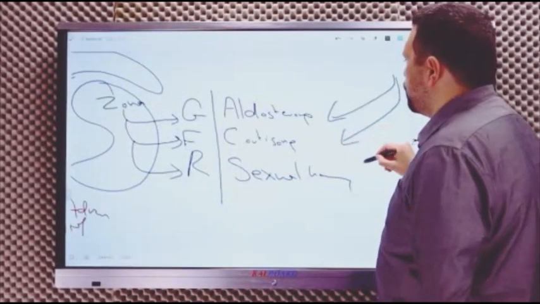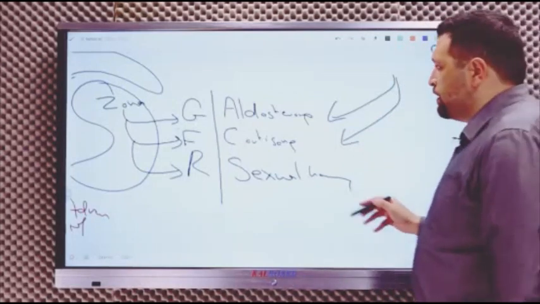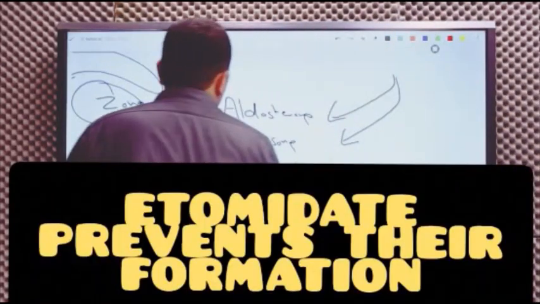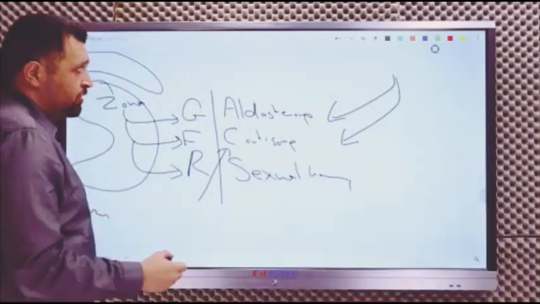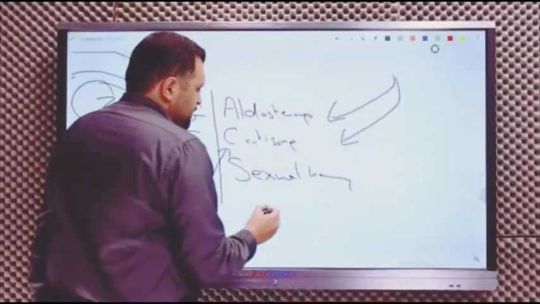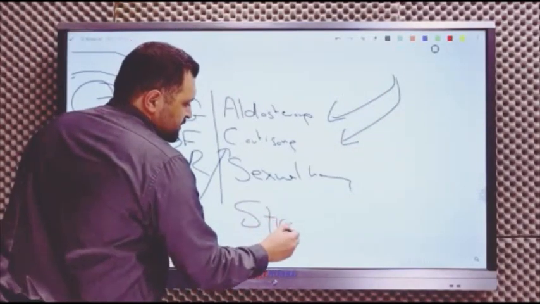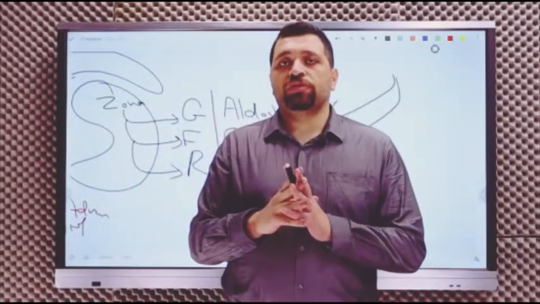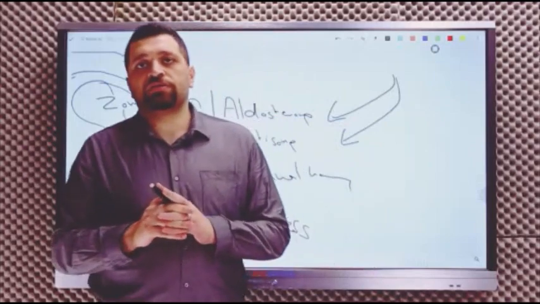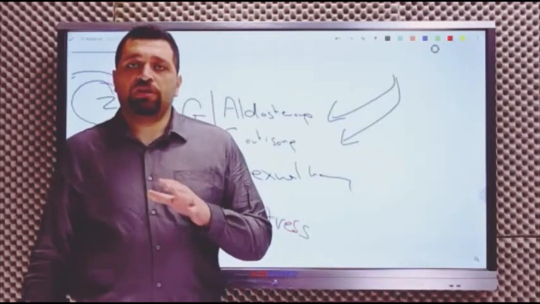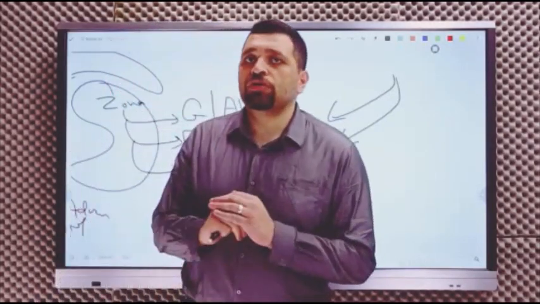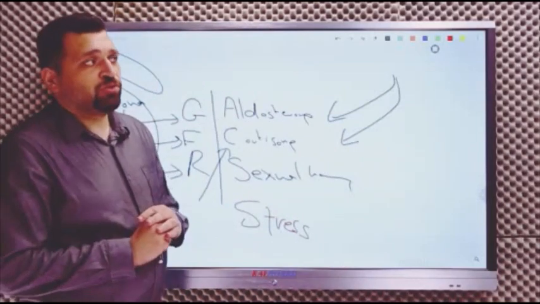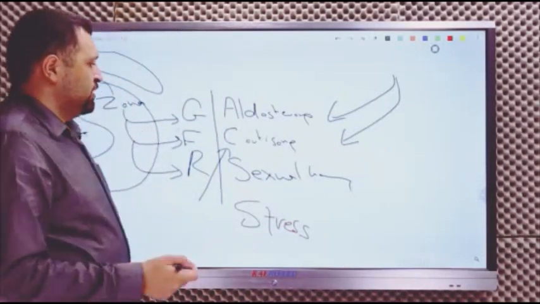Now, aldosterone and cortisone in the body. These hormones, especially the cortisone, are very important in stress cases. And they are very important during the whole day. Cortisone is a very important hormone, as well as aldosterone, which prevents the excretion of water as well as sodium.